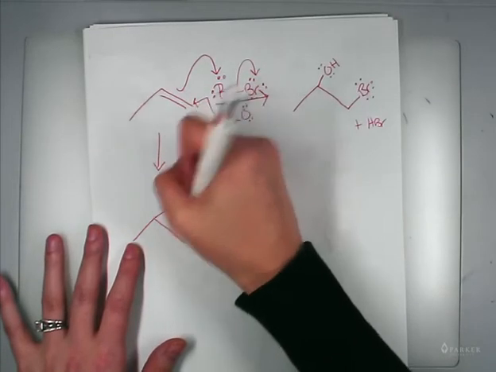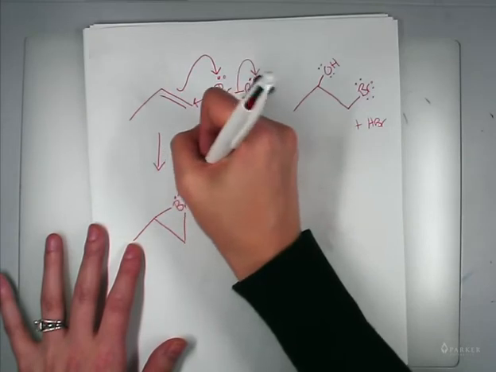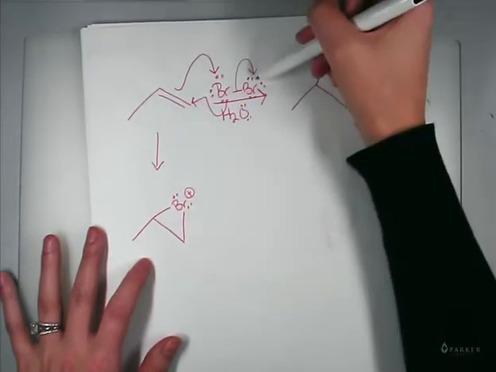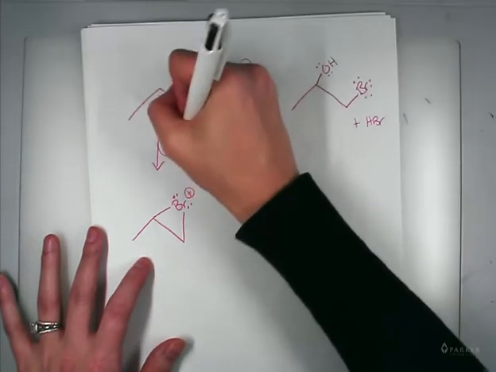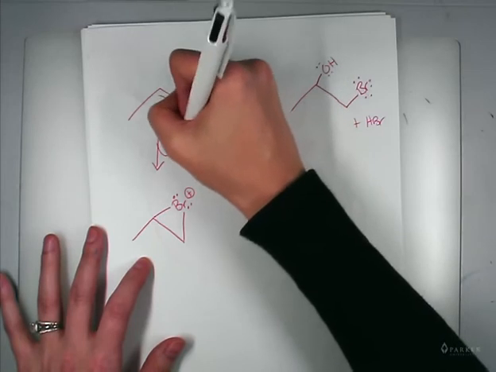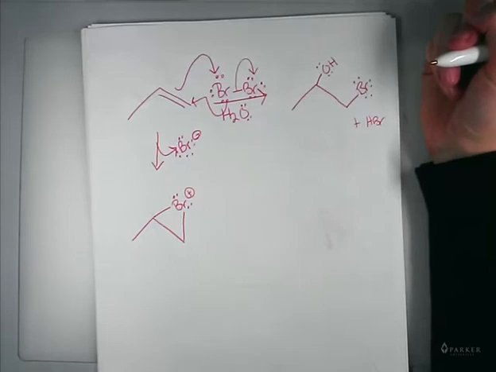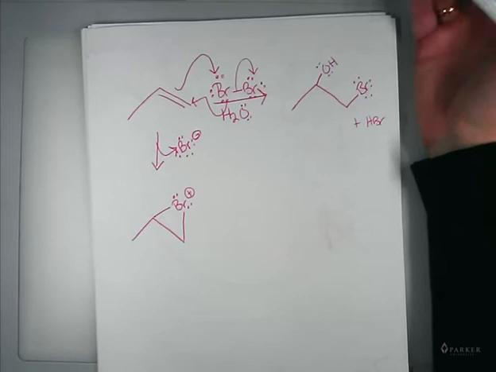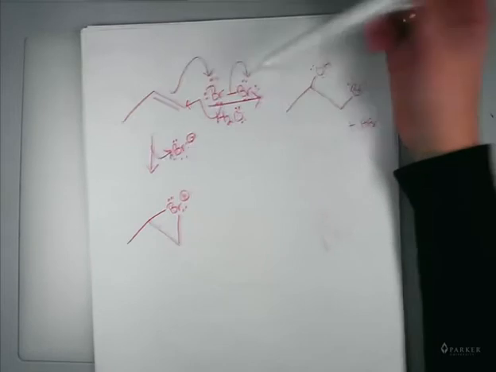Like a triangle. And then this bromine here will leave with what charge? Negative. Which one leaves? Yeah.